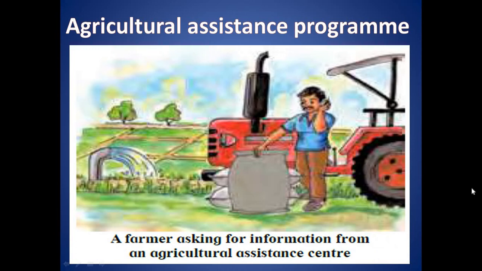Agricultural Assistance Program. Through this program, farmers are given proper information and guidance about the latest technology, irrigation facilities, improved seeds, use of fertilizers and pesticides, etc. They can also get weather forecasts and other agriculture related information from these assistance centers.